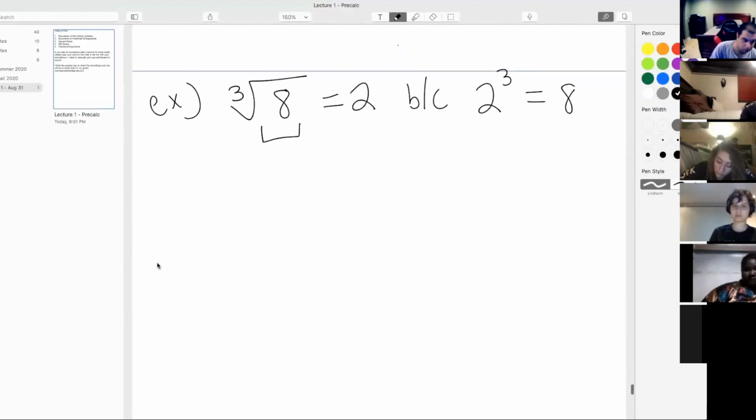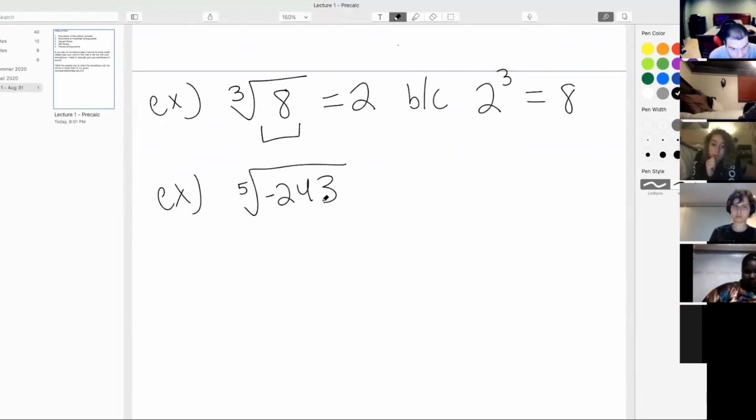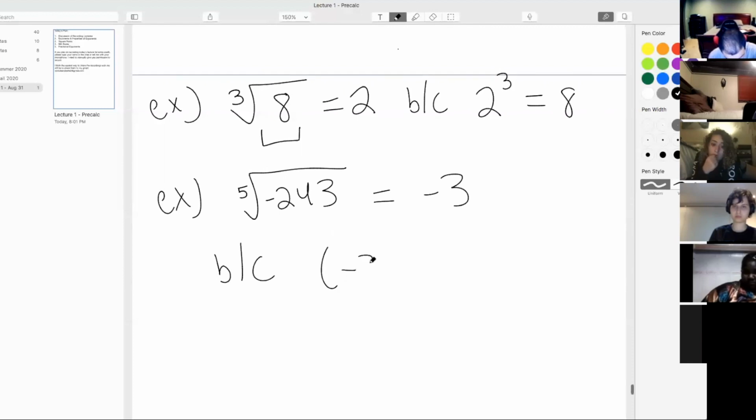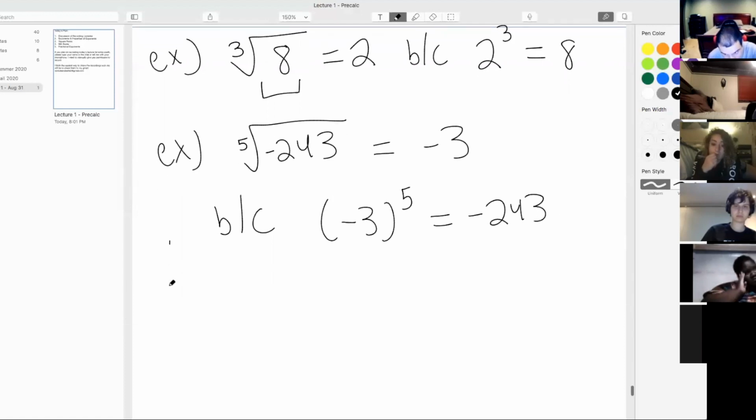How about the fifth root of negative 243? This will just be negative 3 because the reasoning is very simple. If I raise negative 3 to the 5th power, if you just work that out, I will in fact get negative 243. That's literally the definition of the 5th root. If I raise it to the 5th power, I will get back that thing in the radical.